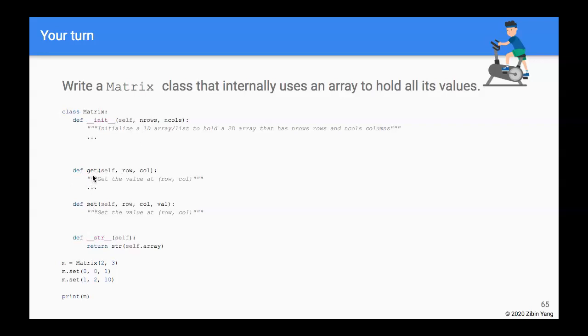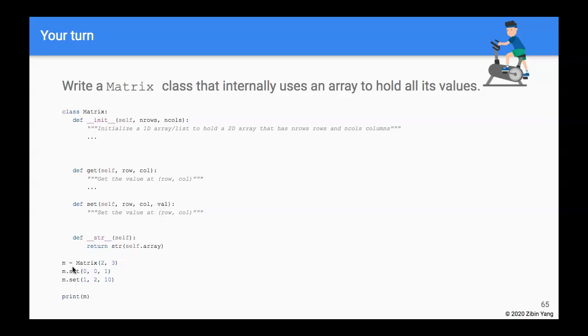Now the get method is going to take the row index and the column index, and it's going to return the value at that row and column. And the set method is going to, again, take the row index and the column index and a value, and it's going to set the entry at that row and column to this value.